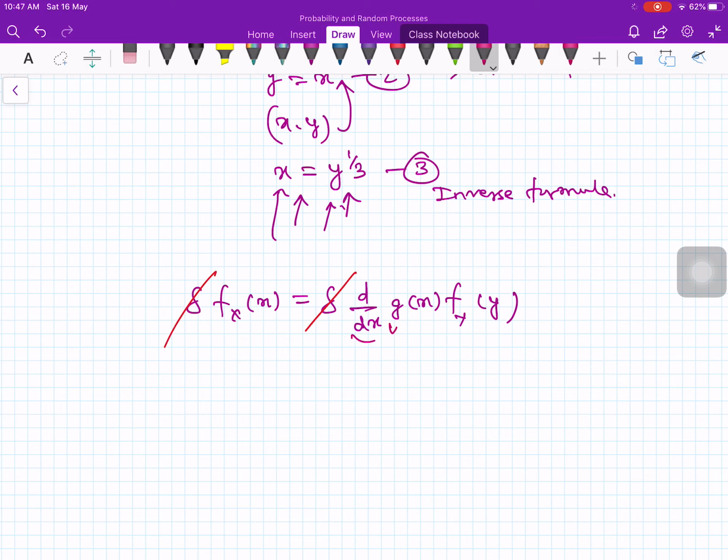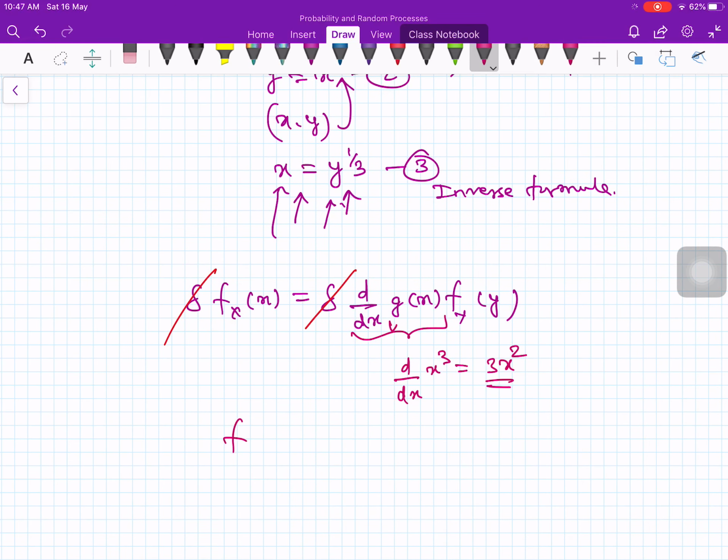The slope is d by dx of g of x equal to x cubed, which is equal to 3 times x squared. Now we want to end up with the formula for the density of y, fy of y. So I'm going to take this factor 3x squared and send it to the other side. So fx of x is equal to 3x squared times fy of y.